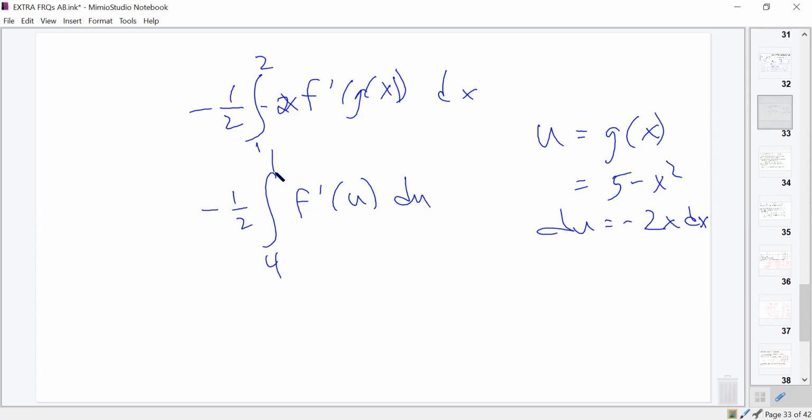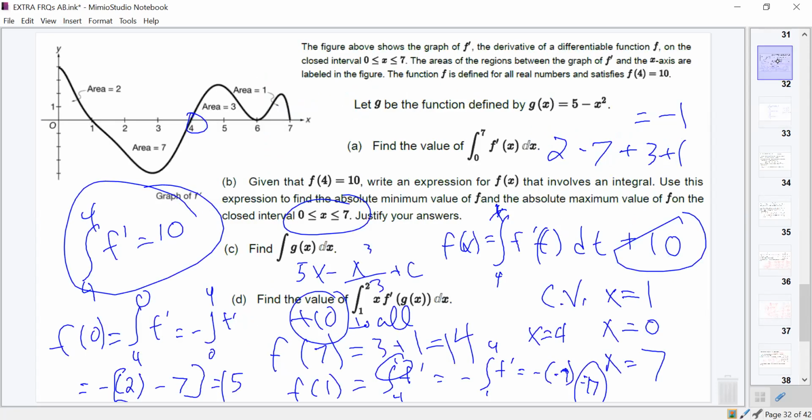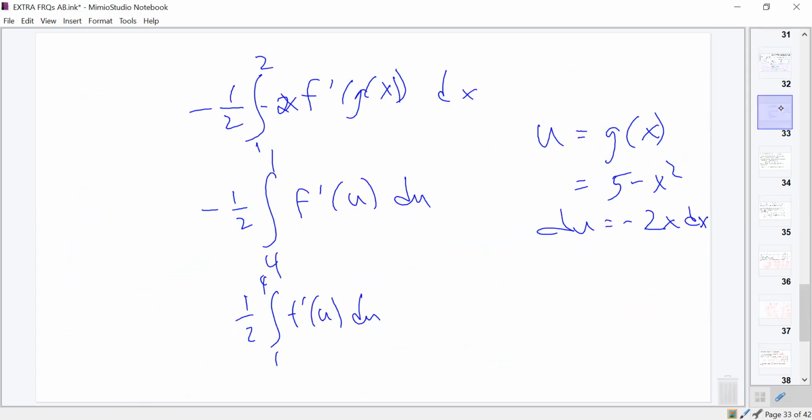So we're looking at negative 1/2 of the integral from 4 to 1 of f prime, which would just give us 1/2 the integral from 1 to 4 of f prime. No reason to substitute back in the u. We can integrate f prime just by looking at the graph. The integral from 1 to 4 of f prime is negative 7. So we'd end up with 1/2 times negative 7, negative 7 halves.